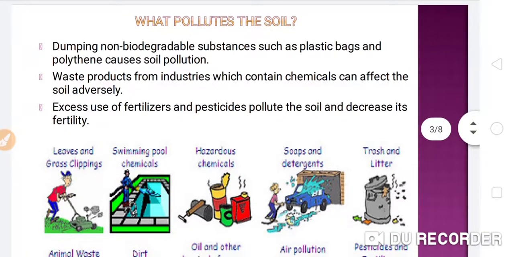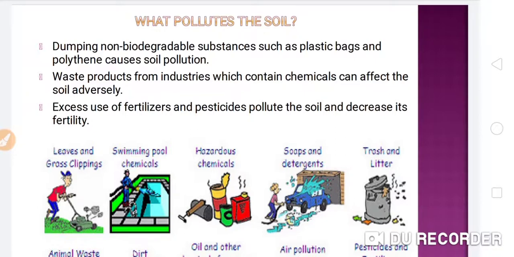Now, waste products from industries which contain chemicals can affect the soil adversely. It can imbalance the pH of the soil, due to which the soil productivity will decrease. So this is very important.